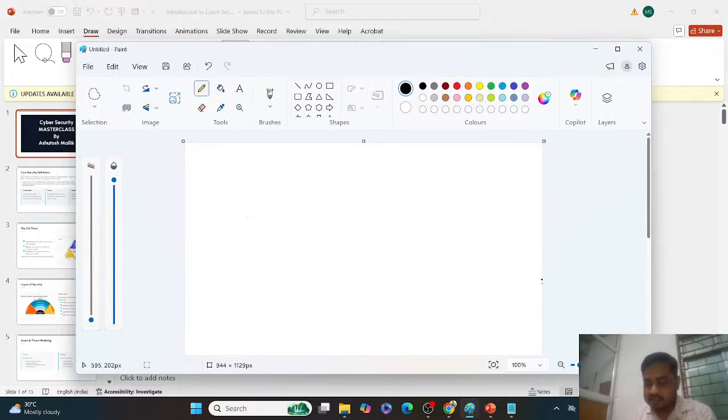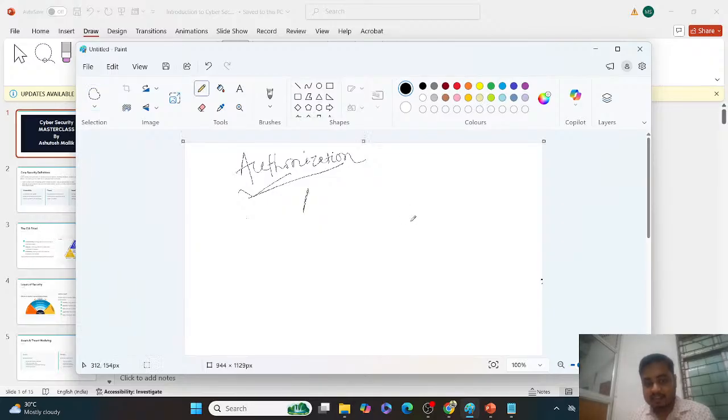So there is a terminology we have studied here now: authorization. If someone gets the access, that means he gets the authorization, so that is authorized access.